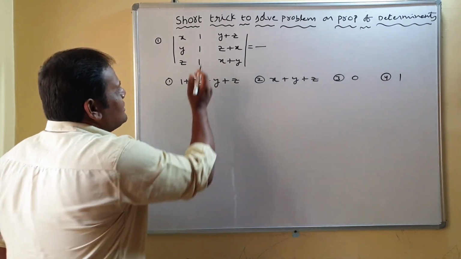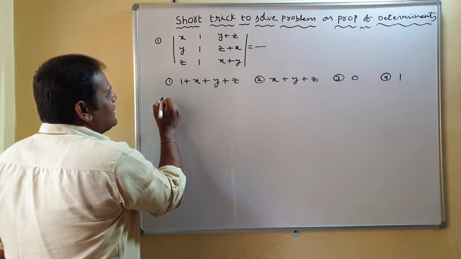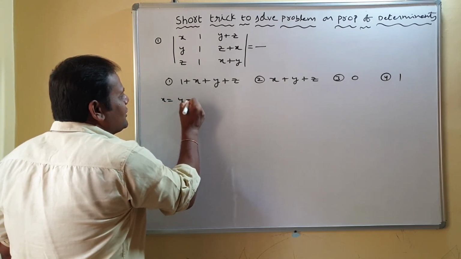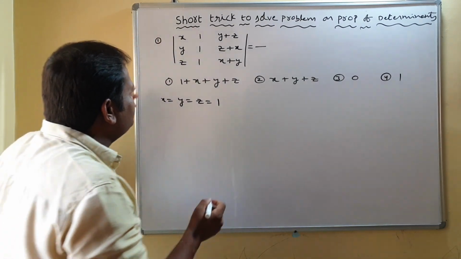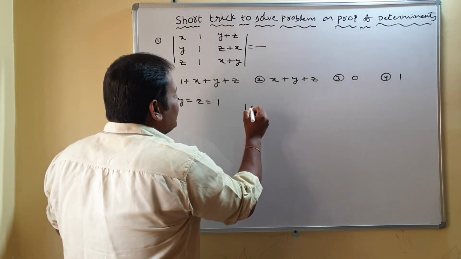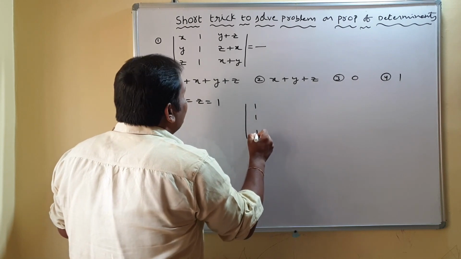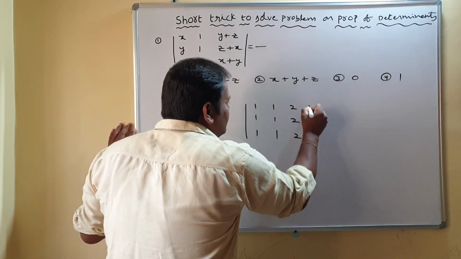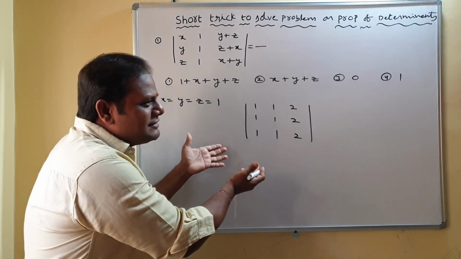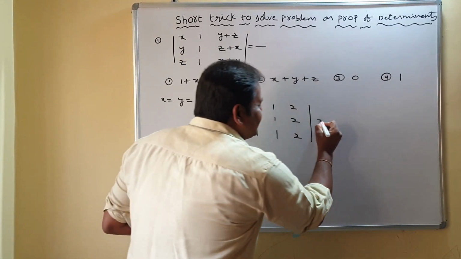Suppose I take x equal to y equal to z equal to 1. What will happen to the determinant? The determinant becomes 1, 1, 1, 1, 1, 1, 2, 2 and 2. Can you guess the answer? Yes, exactly. Answer is 0.